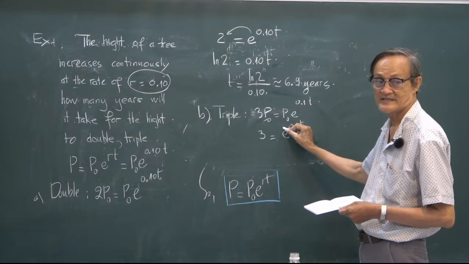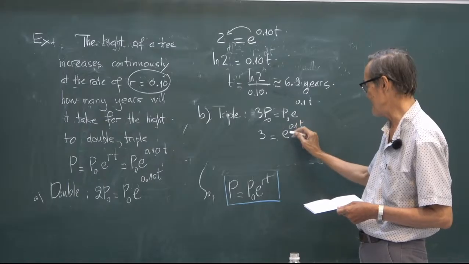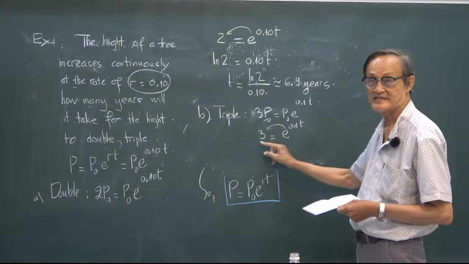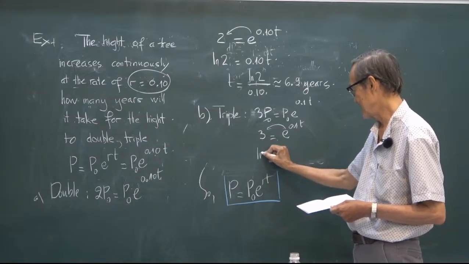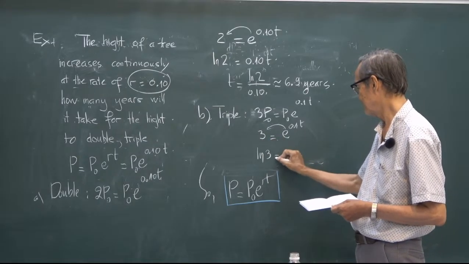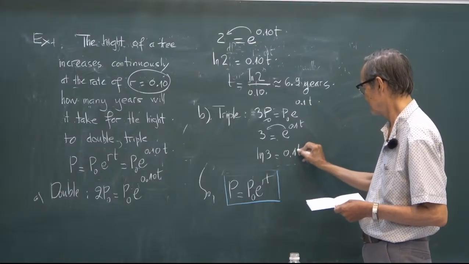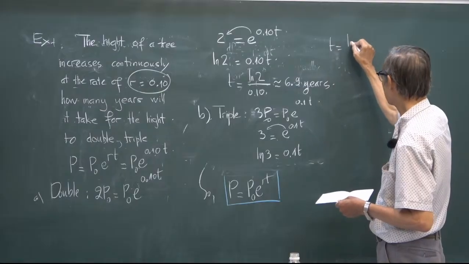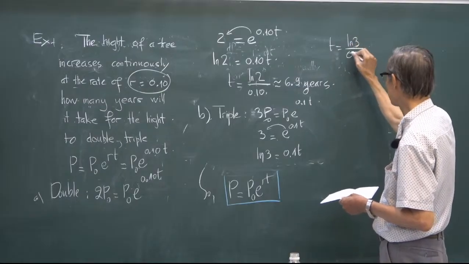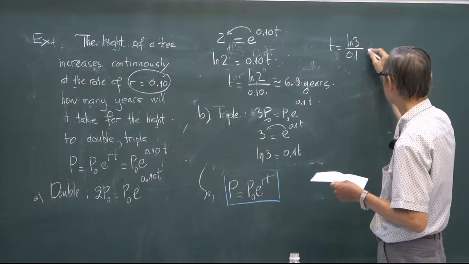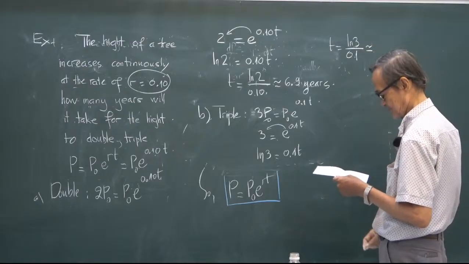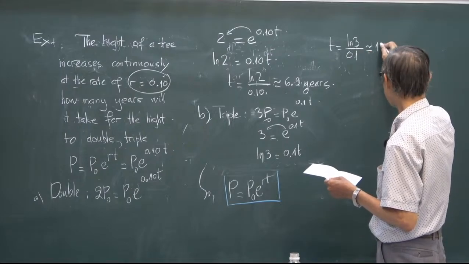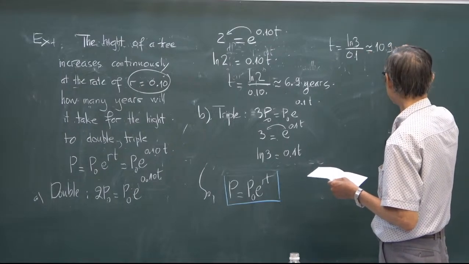Move the function exponential to the base e to the left hand side, we have its inverse function, natural log, and T equals log 3 over 0.1, approximately equals 10.9 years.